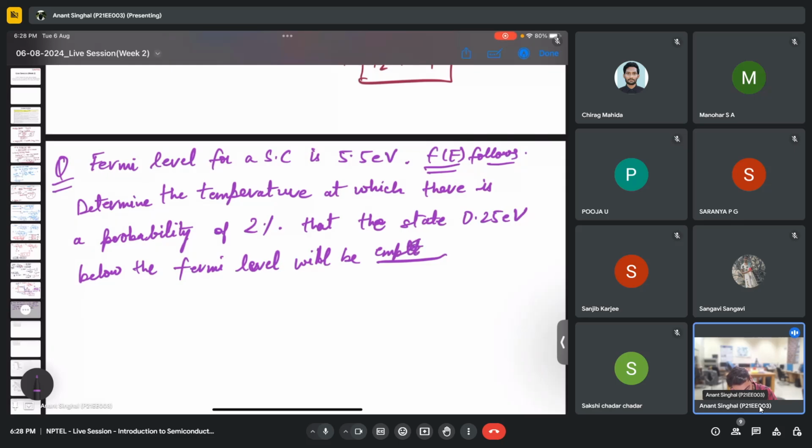You need to focus on this: I am asking about the probability that it will be empty, not filled. So this is the question.